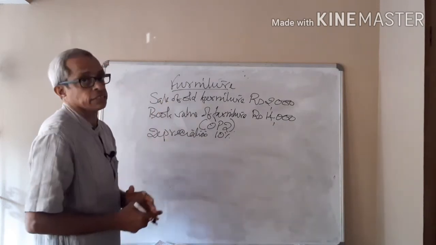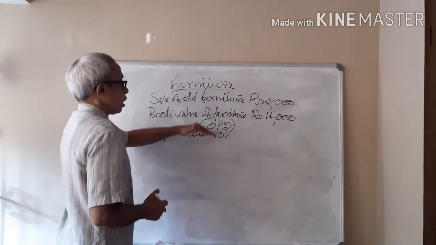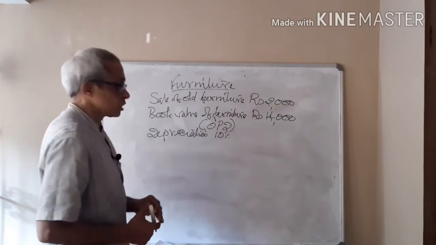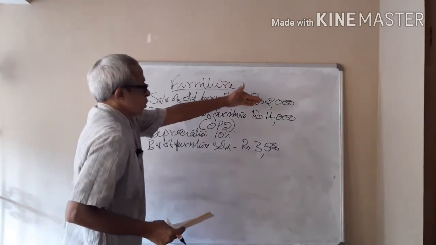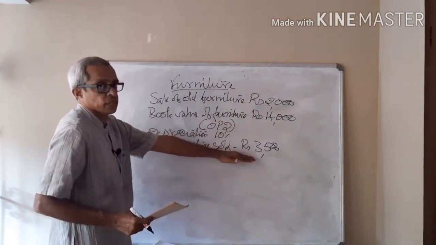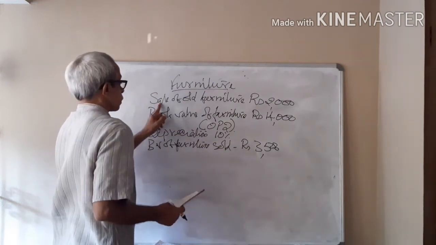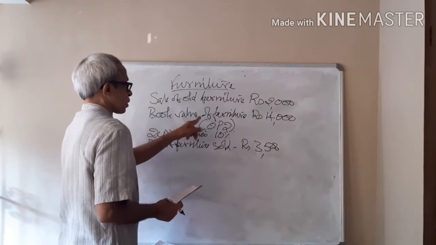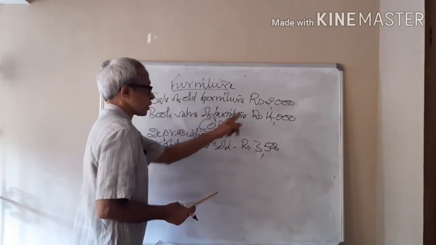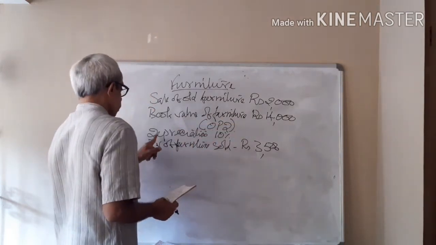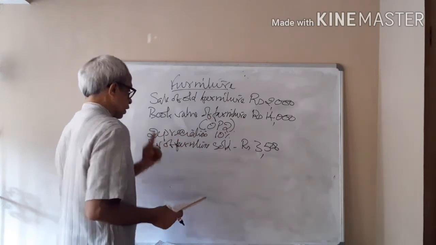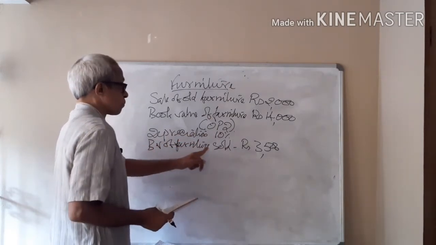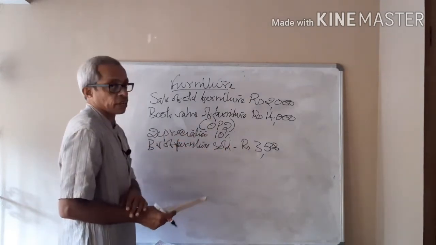So these 3 figures are there. We have to make adjustments by taking into account these figures. So 4 figures are related to furniture. That is, sale of old furniture 2000, book value of furniture on the opening date 14,000, depreciation 10%, and book value of furniture sold 3,500.